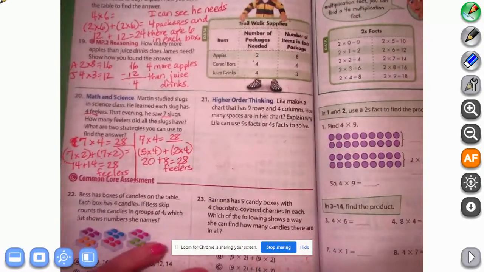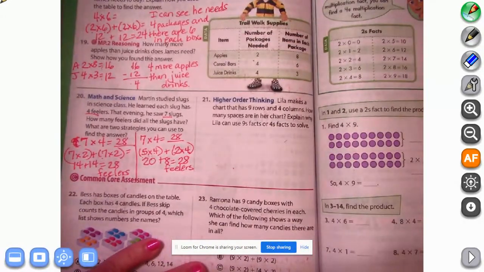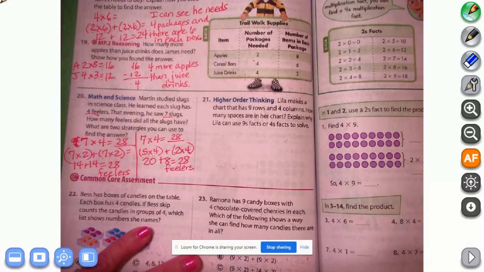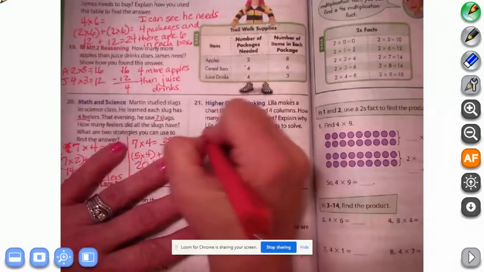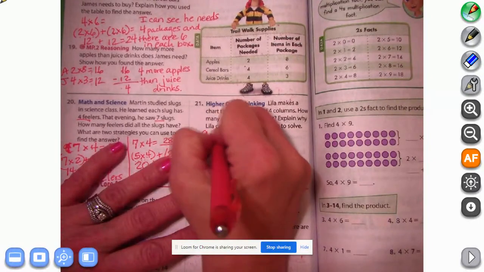Okay, number 21 says, Lila makes a chart that has 9 rows and 4 columns. How many spaces are in her chart? Explain why Lila can use 9's facts or 4's facts to solve. Okay, so we need 9 rows of 4.